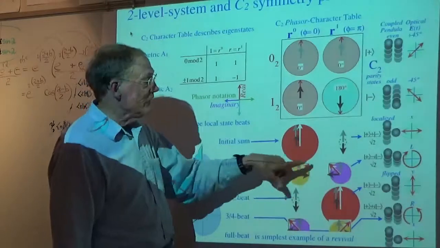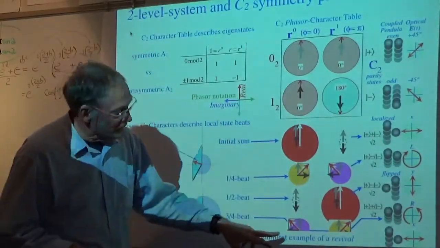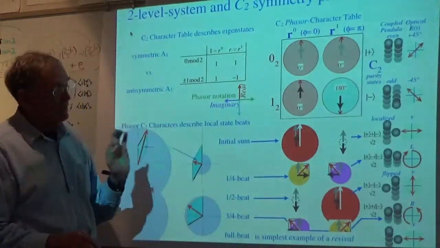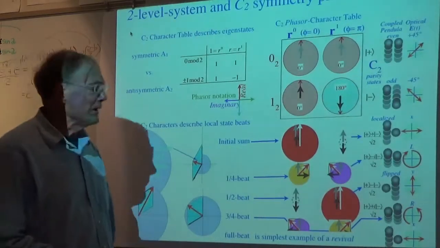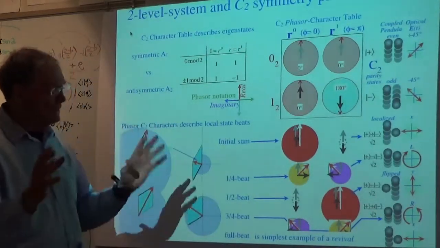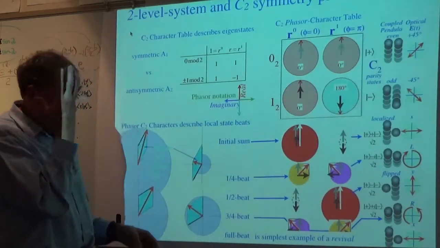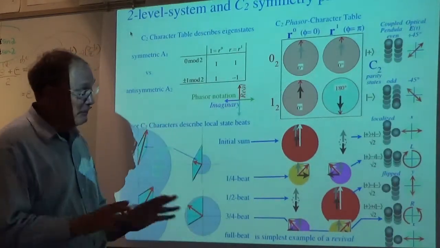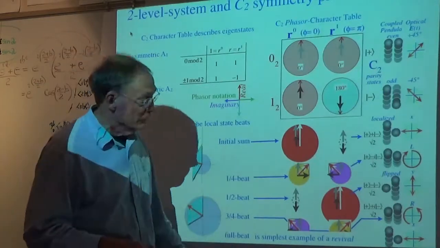Okay, so these beats here are the simplest example of what is called a revival. The name is given by Joseph Eberly at Rochester, the great two-level atom guy. He's really the one that opened up the two-level atom for everybody. Before that, it was Feynman, Vernon, Hellworth, and before that Rabi, Ramsey, Schwinger, the only papers that dealt with the really wonderful things that a two-state system could do.